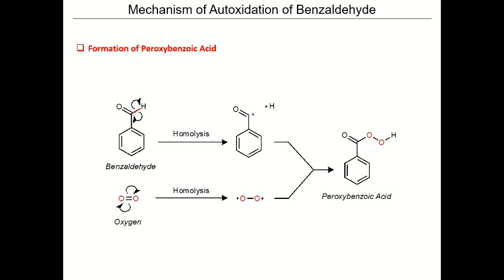And as a result, we get two radicals: this radical and the other radical of hydrogen. At the same time, one of the double bonds, the pi bonds of the oxygen, is broken again by homolysis, and we get a biradical, that is oxygen in this case. So this is the intermediate product, which is peroxybenzoic acid.